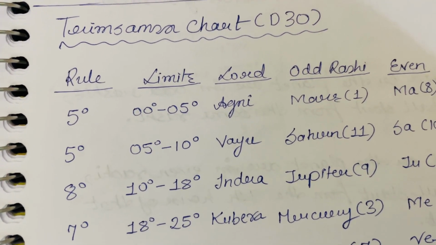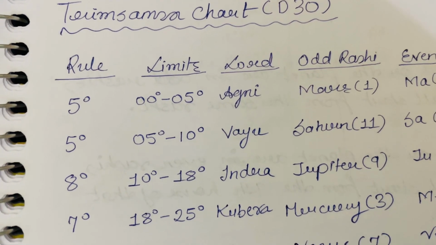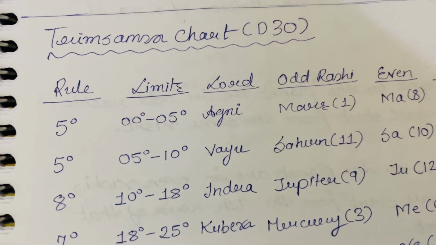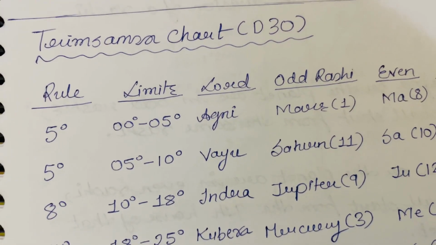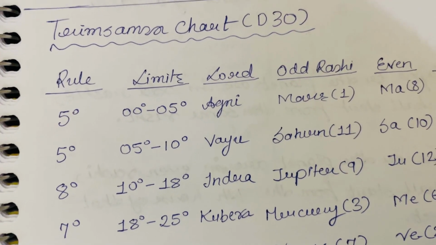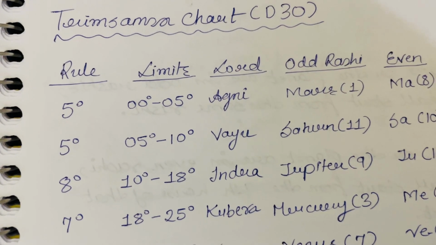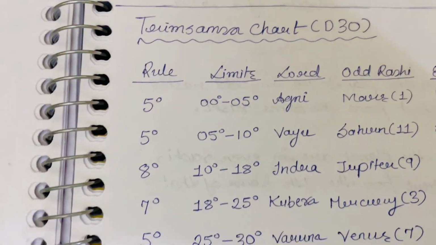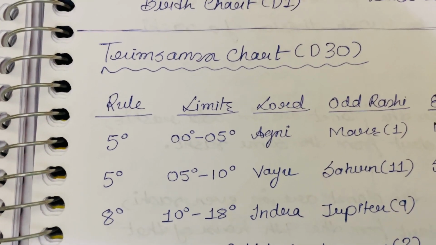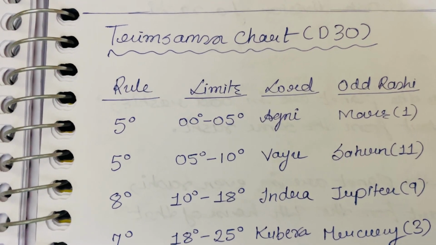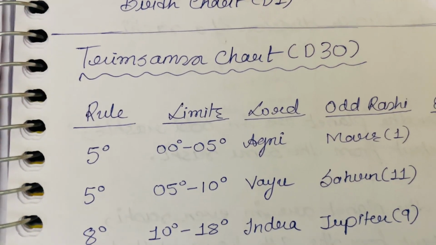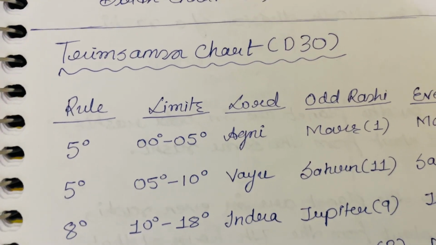It is analyzed for understanding misfortunes at certain levels, and there are other factors also which we can interpret using the D30 chart. This is all that you need to know right now, because I am not teaching you about the interpretations of all of these Varga charts.